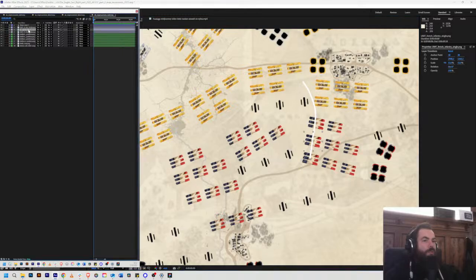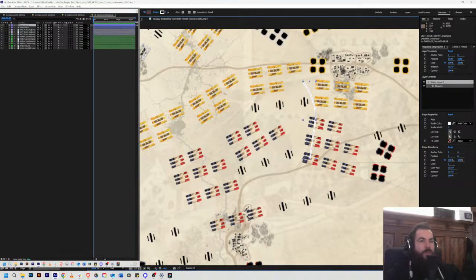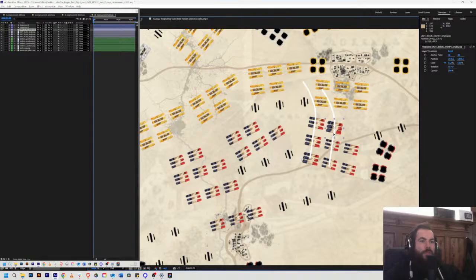So I take this one, and this one, put them on the path. And then I draw another path, which go in this direction, which would need those 3 units. So I duplicate this one, put this here, here, here.